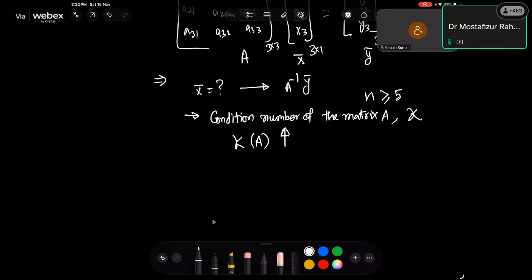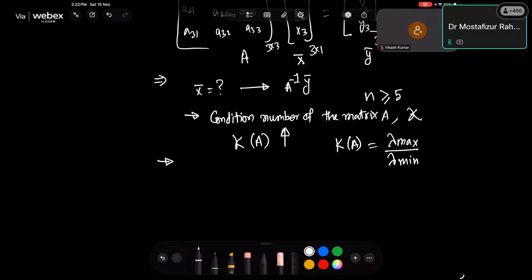Kappa of A is denoted by lambda max by lambda min. The deviation should not be high between lambda max and lambda min. If they are close enough, then the system has good health. If the condition number is poor, or the deviation between lambda max and lambda min is very large, then the matrix has an ill-conditioning problem, and computing A inverse has serious issues. This is the second part.